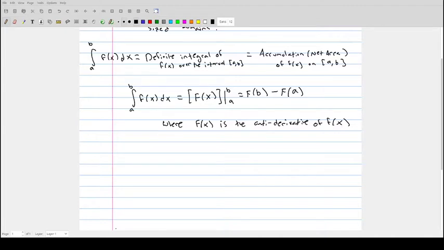So we've seen through a number of different methods in this course that there are many ways to compute the antiderivative.